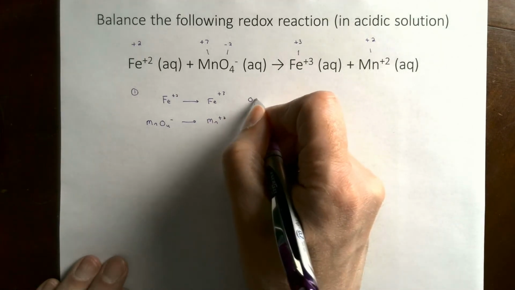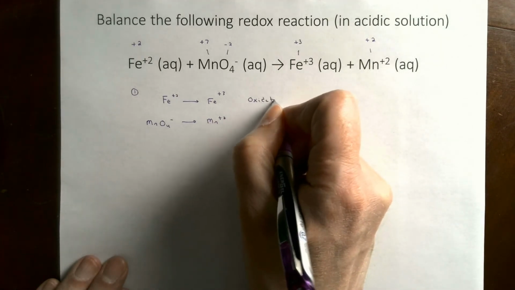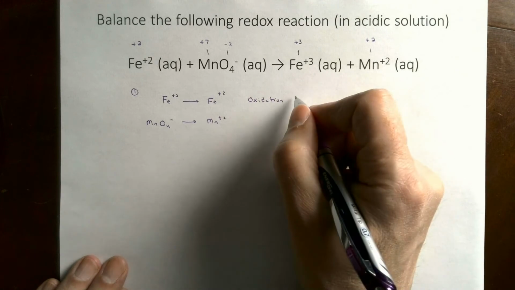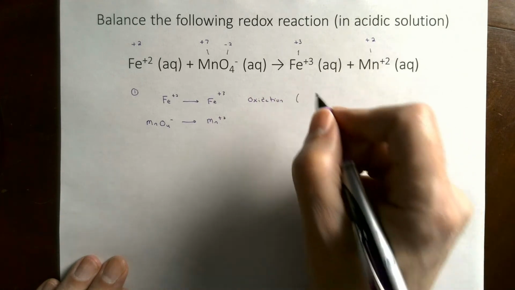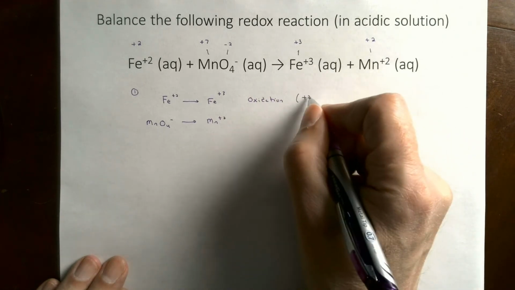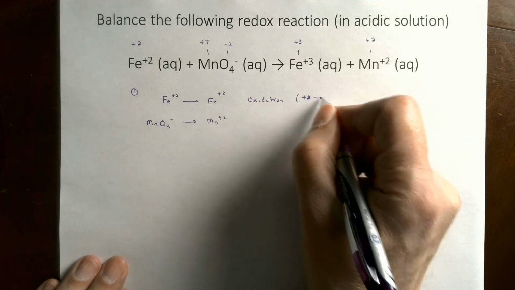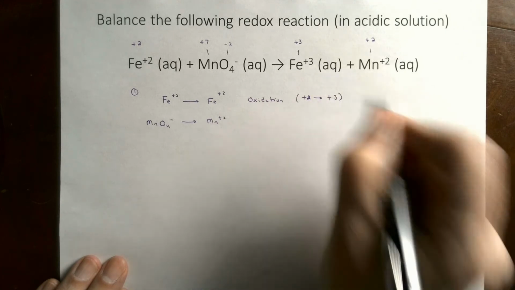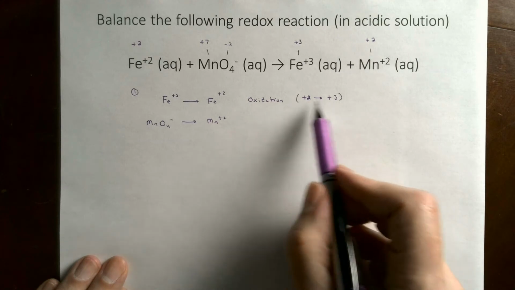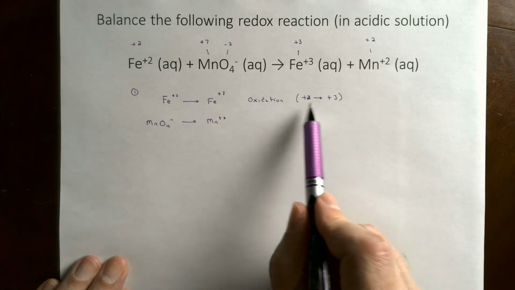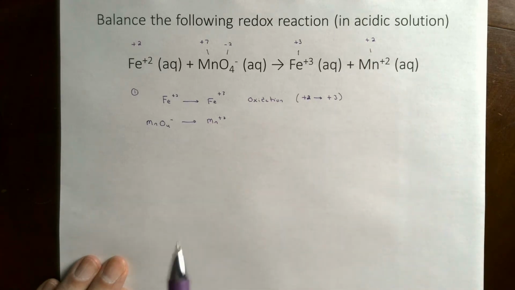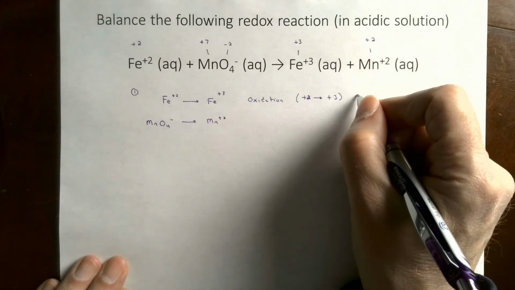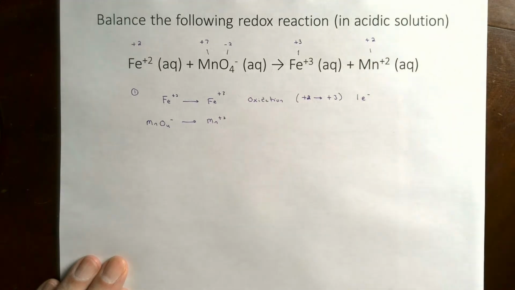So that is an oxidation process. In this case, the oxidation number is going from a plus 2 to a plus 3. That's a difference of 1. That difference in oxidation number is the number of electrons that's transferred in that half reaction. So in this case, there's 1 electron transferred.